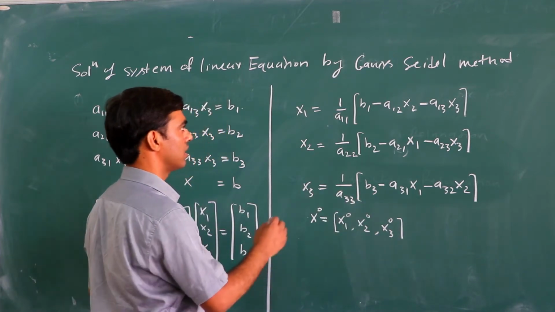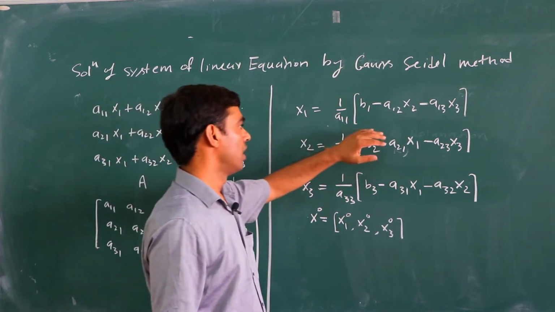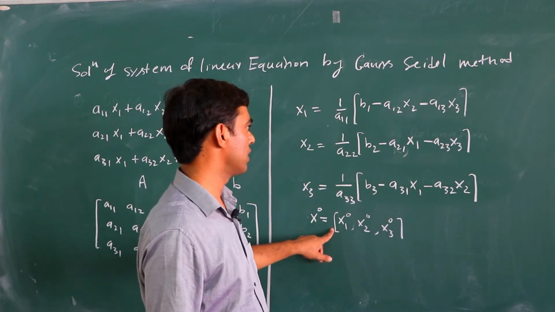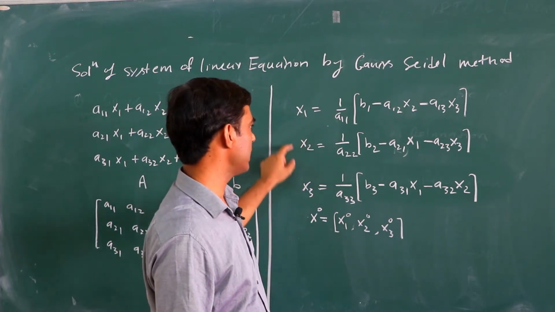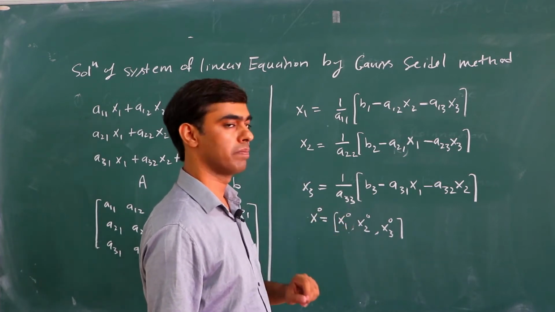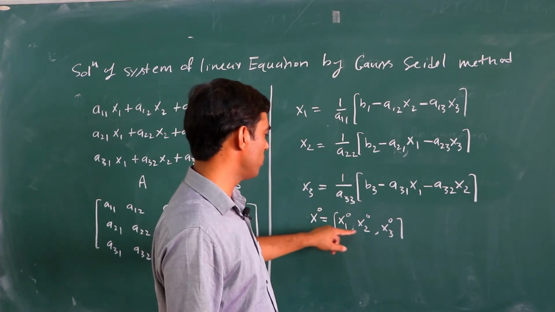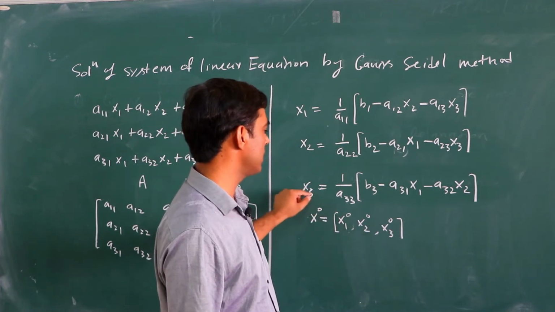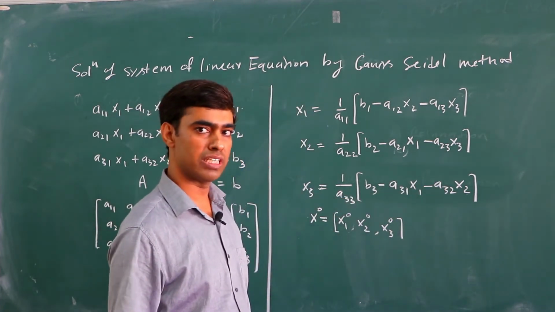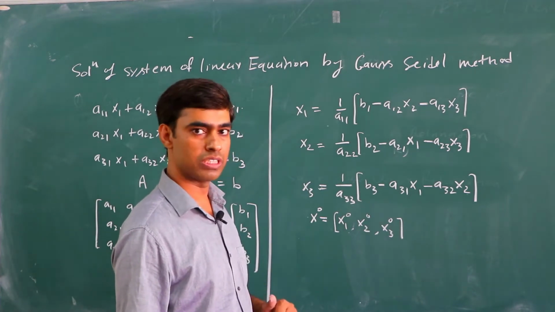Then what happens in an iteration method, in the Gauss Seidel method? As we calculate the new value of x1, to calculate the next value we use the new value of x1. To calculate x3, if we have new values of x1 and x2, then we use the new values of x1 and x2 in the same iteration. This is the difference between Gauss-Jacobi and Gauss Seidel.